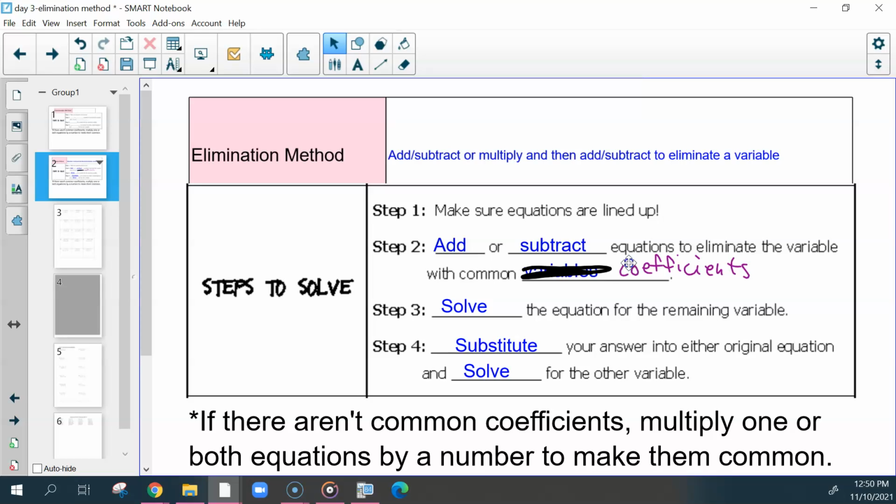Step 2, add or subtract equations to eliminate the variable with common coefficients, is what that should have said. Step 3 is to solve the equation for the remaining variable. And step 4 is to substitute your answer into either original equation and solve for the other variable.